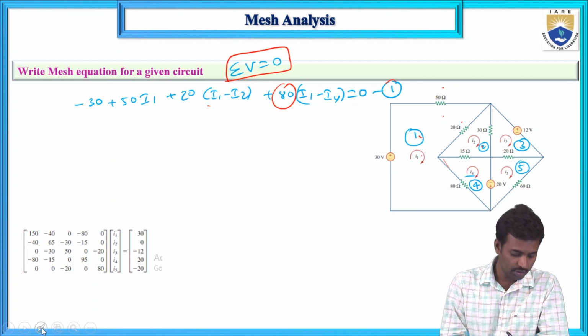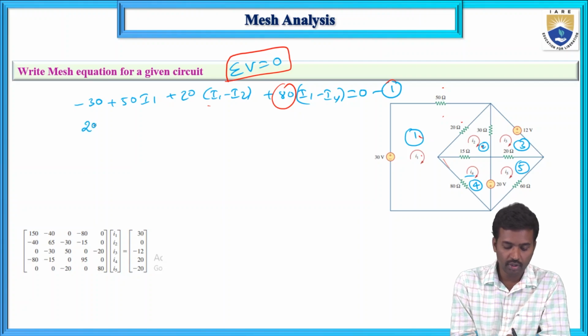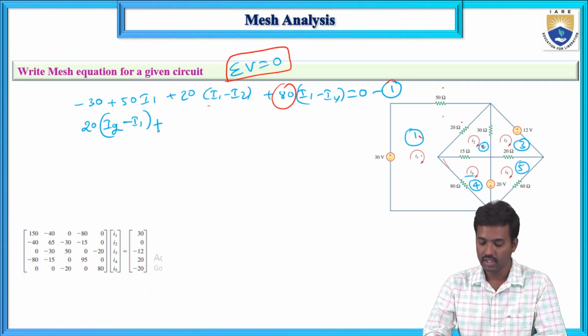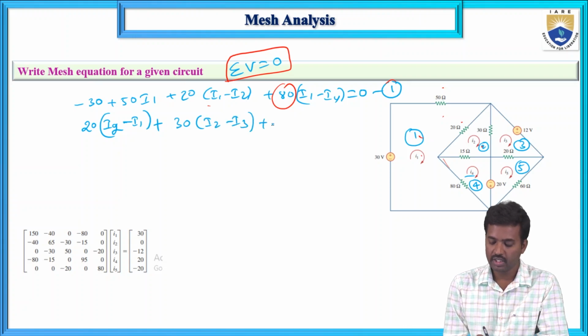Next, the second mesh equation. Here 20 into (I2 minus I1) plus 30 into (I2 minus I3) plus 15 into (I2 minus I4) equals 0.